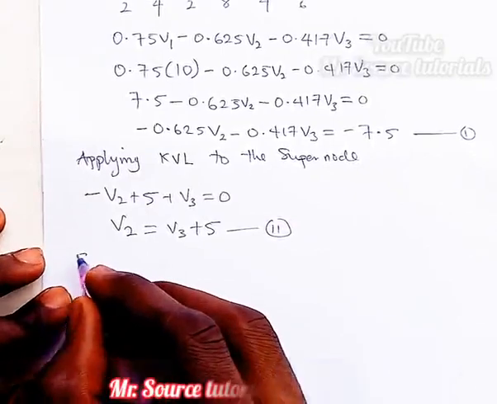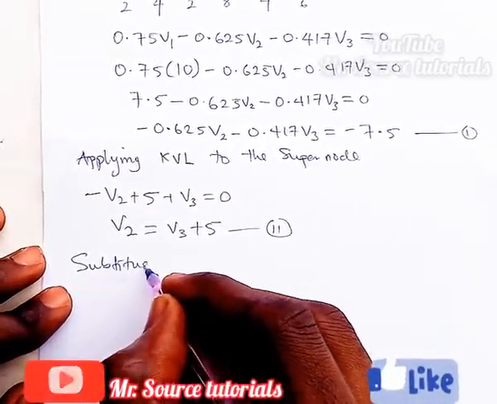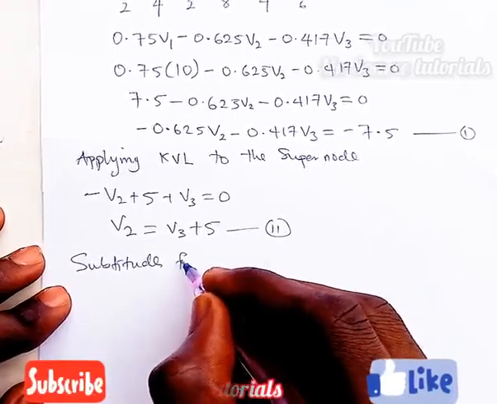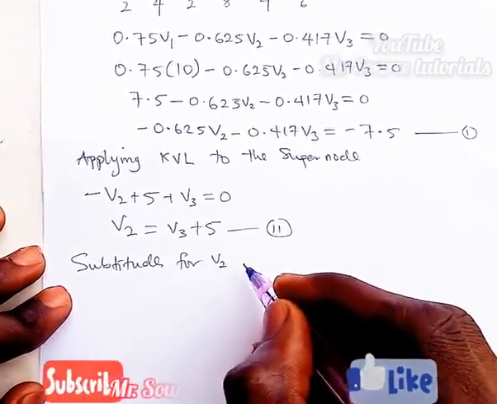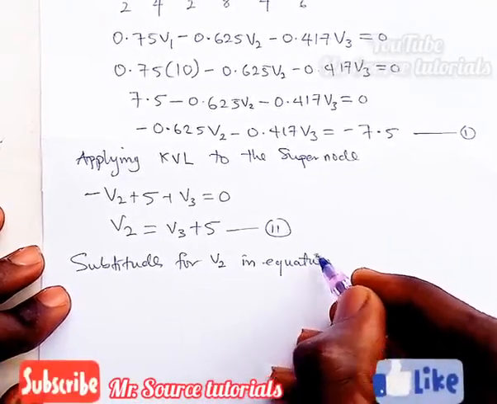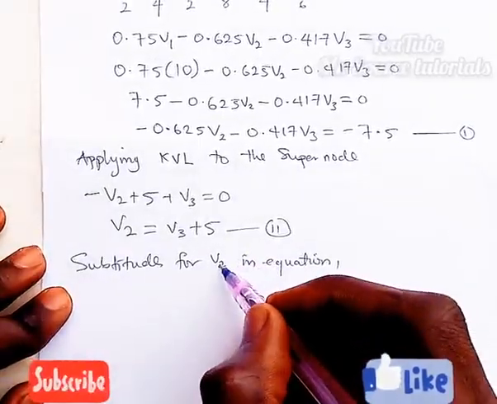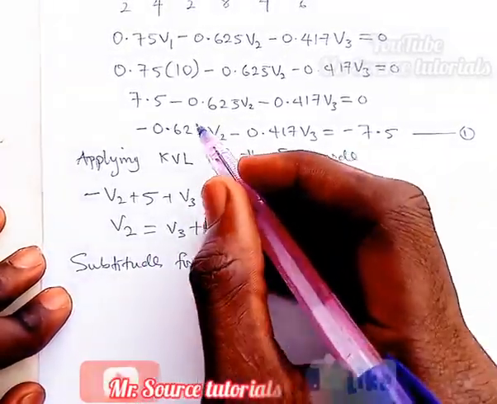So you say substitute for V2 in equation 1, which is this equation. When you see V2, you put this value which is here. This is equation 1.